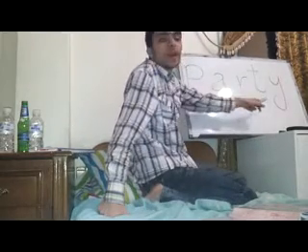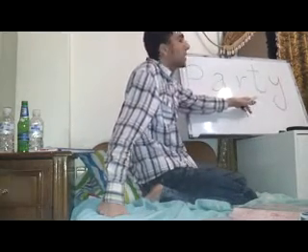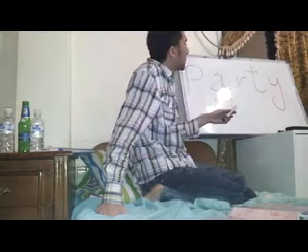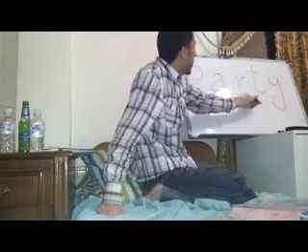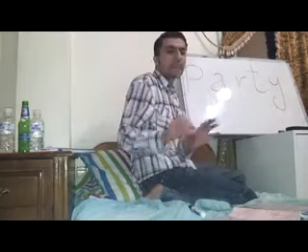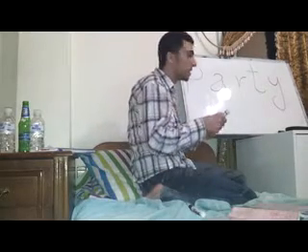The word ends with Y. How do you know the sound of Y? According to the three letters before Y. How many letters are before Y? 1, 2, 3, 4. We have T, R as the second letter, A as the third, and finally B, which is the fourth letter.